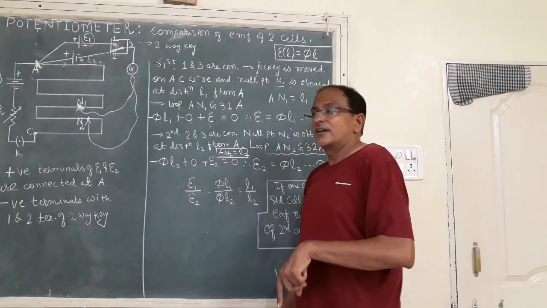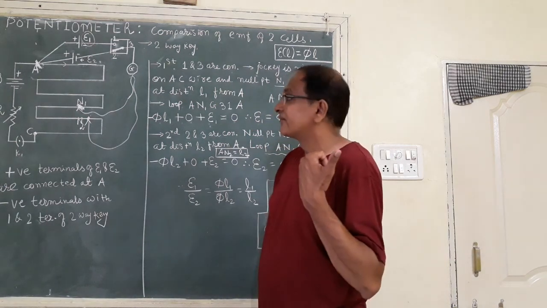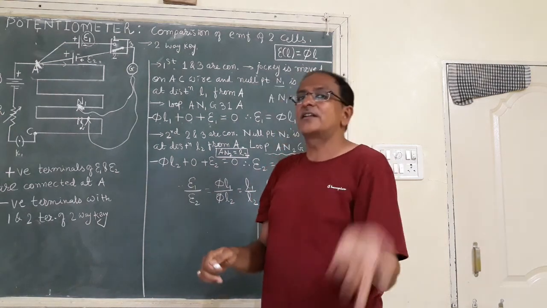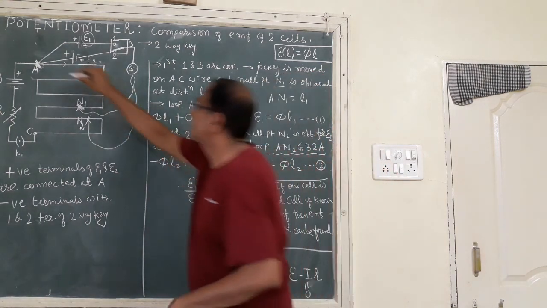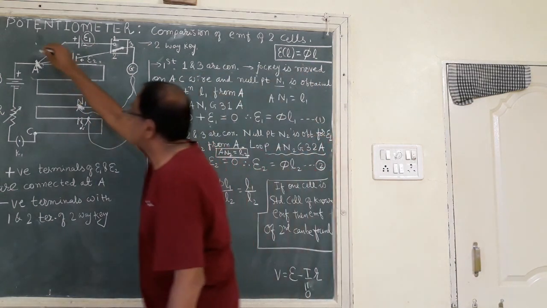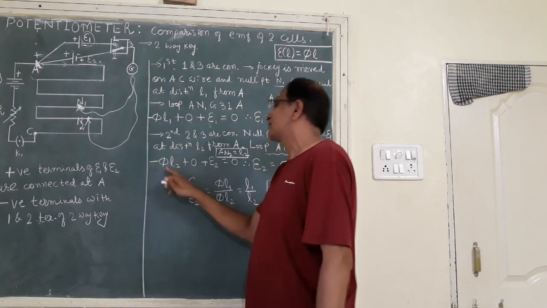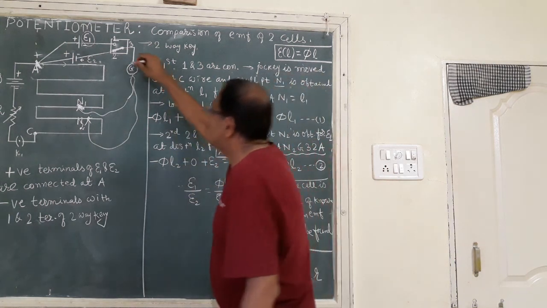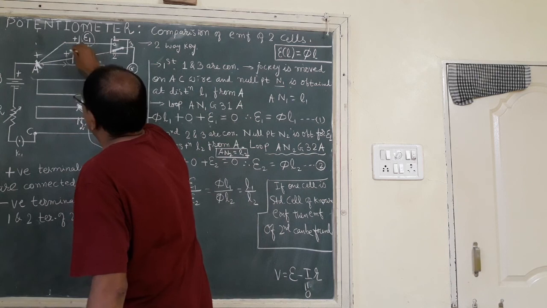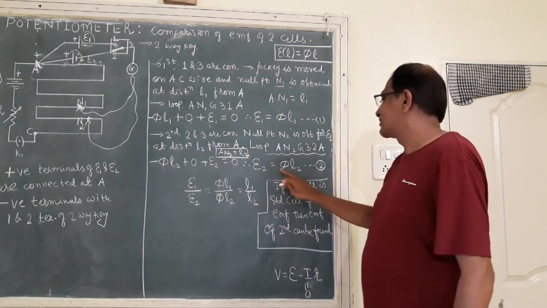The potential difference between A and N2 will be the potential per unit length, phi, multiplied by the length of the wire A N2, that is L2. So minus phi L2, plus 0, and passing through this battery from minus to plus, plus E2 is equal to 0. So E2 is equal to phi L2.